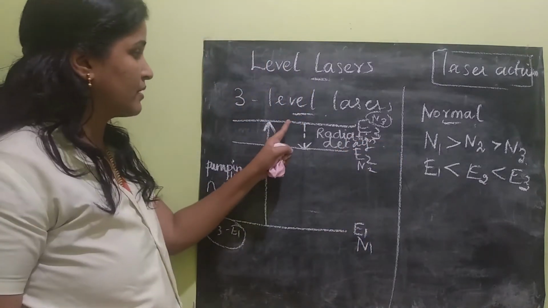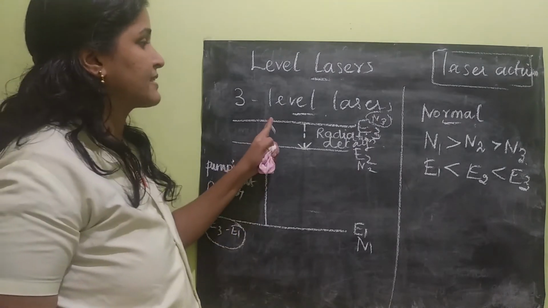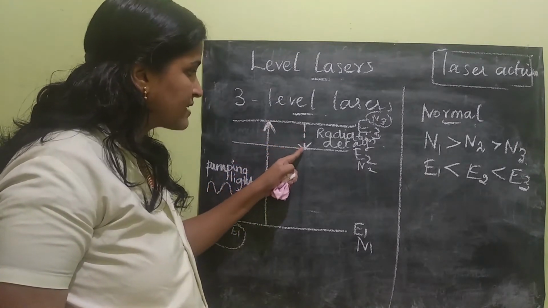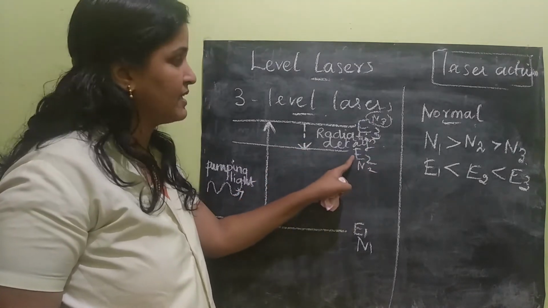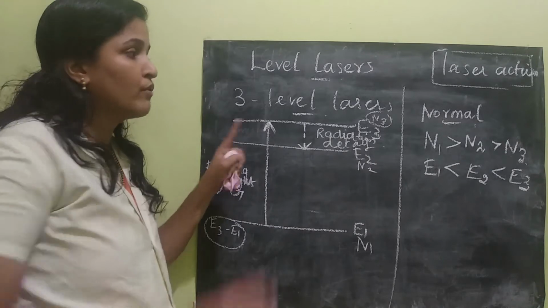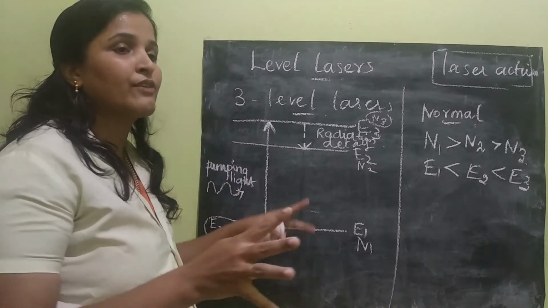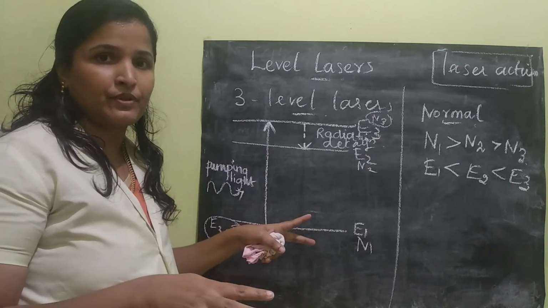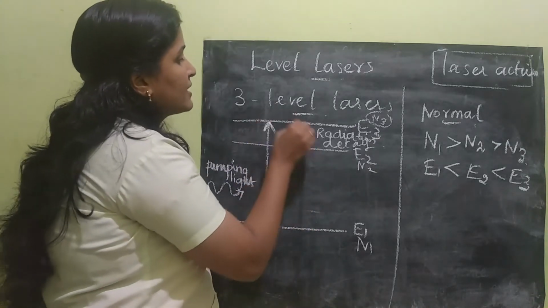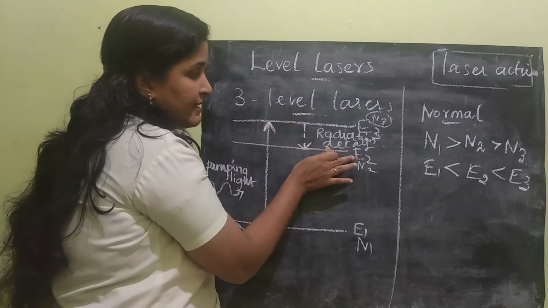Once the atoms reach the excited state, they immediately start coming to E2, the metastable state, without emitting any radiation, because the energy is lost to thermal vibrations. All the atoms will be collected in E2.